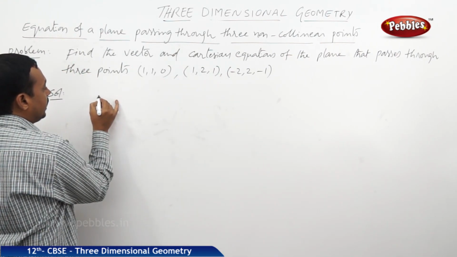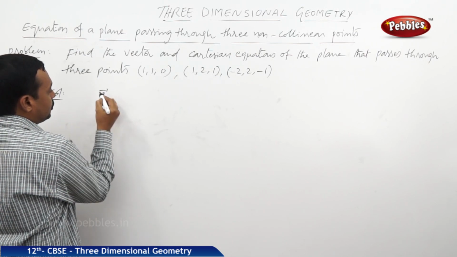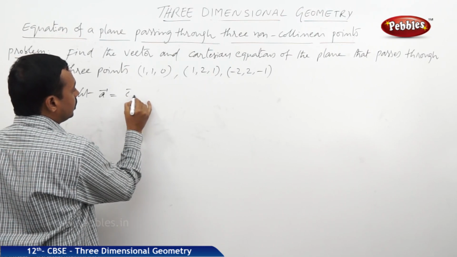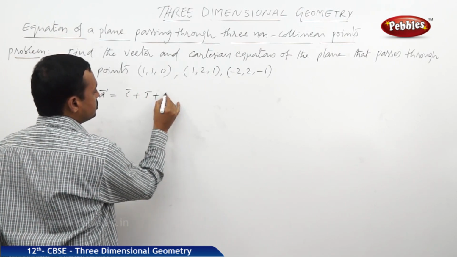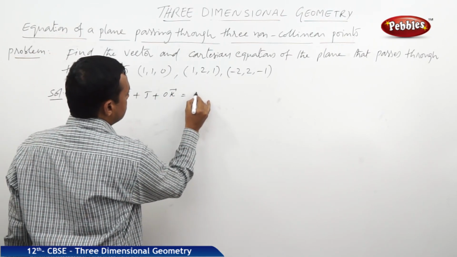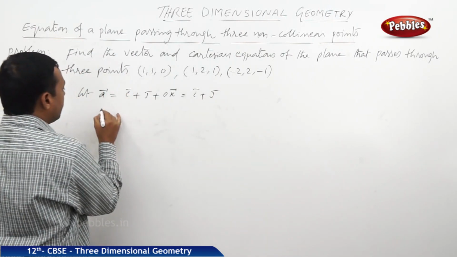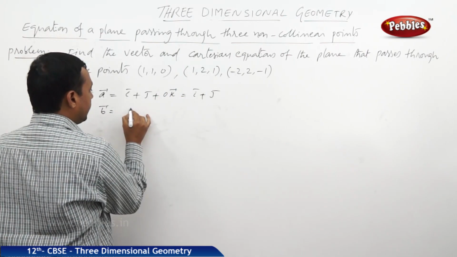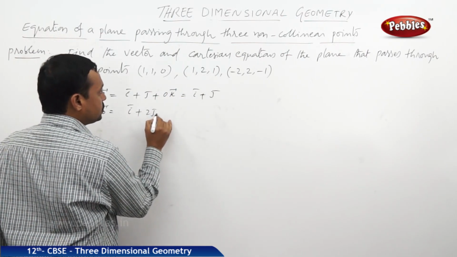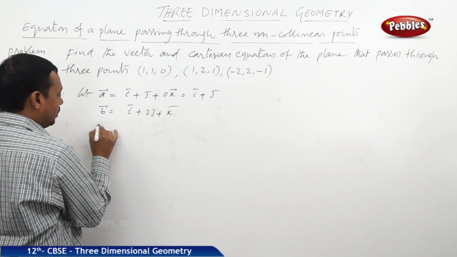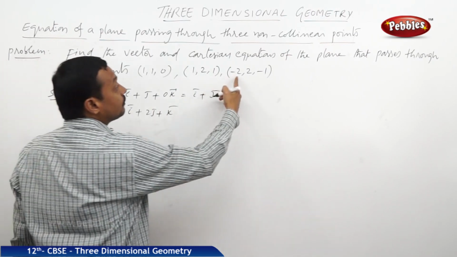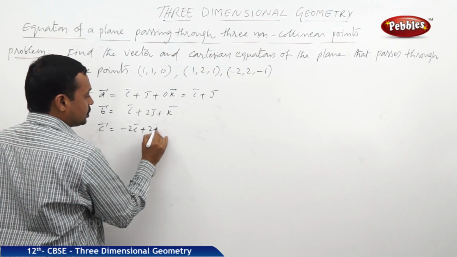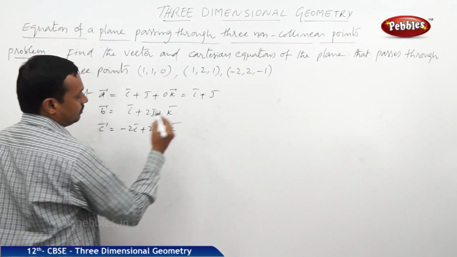First point A with position vector A bar is 1 into i plus 1 into j plus 0 into k, that is i plus j, and B bar, the position vector of the second point, is 1 into i plus 2 into j plus 1 into k, and C bar is the position vector of the third point, that is minus 2i plus 2j minus k.